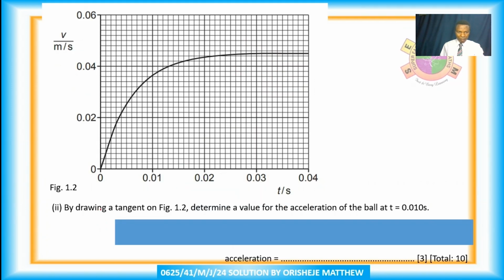Now, by drawing a tangent on figure 1.2, determine the value of the acceleration of the ball at time 0. At this time here. So from this point, draw a tangent.